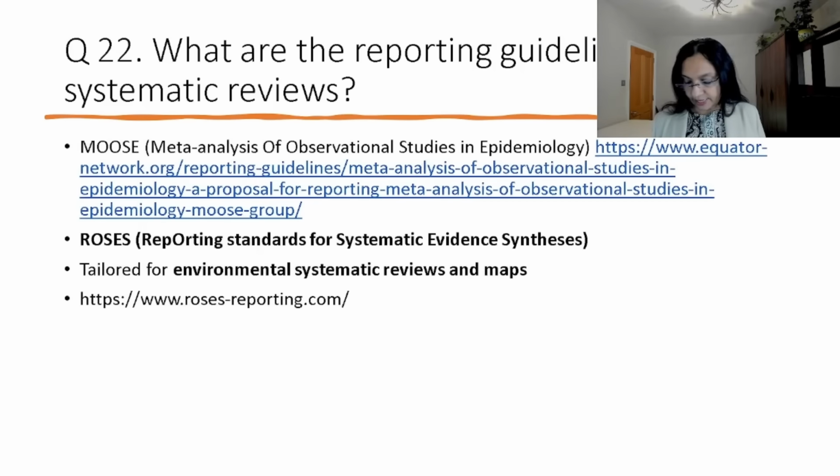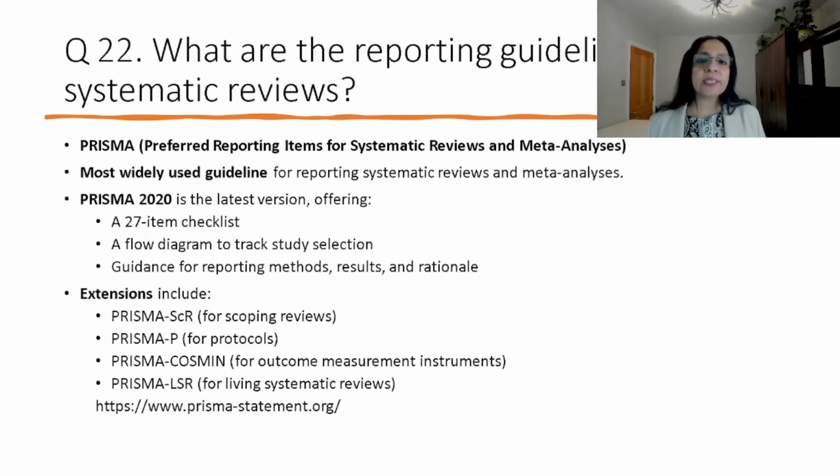This is considered a standard for reporting systematic reviews. It's the most widely used guideline for reporting systematic reviews and meta-analyses. The latest version offers a 27-item checklist, a flow diagram to track study selection, and guidance for reporting methods, results, and rationale. So it's a very comprehensive tool and is recommended for reporting systematic reviews.